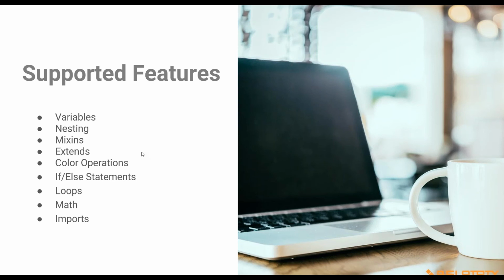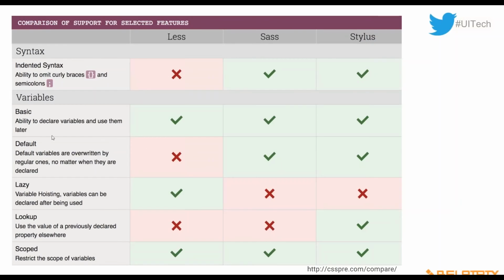They will be different. For instance, Less doesn't allow omitting curly braces, but on the other hand, it allows variable hoisting. You can use a variable that has been declared after that. In this slide, you will see that they are pretty similar, and maybe the only difference is the implementation of operators, but in general, as I mentioned, you can do the same.